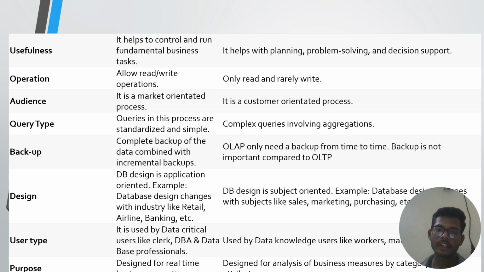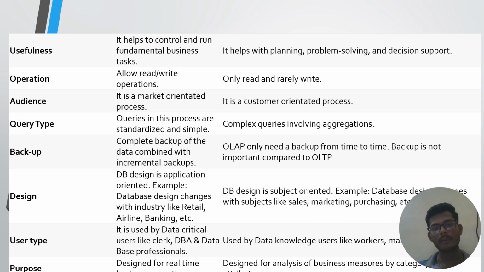OLAP allows only read and rarely write. Audience. OLTP is a market-oriented process, and OLAP is a customer-oriented process. Query type. Queries in OLTP are standard and simple, whereas in OLAP the queries are complex. We can't write queries easily in OLAP.